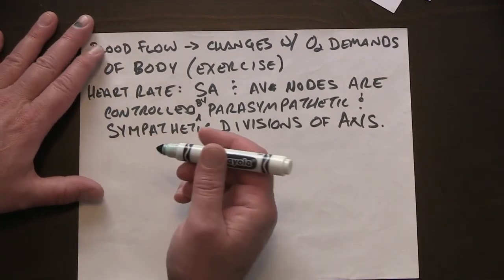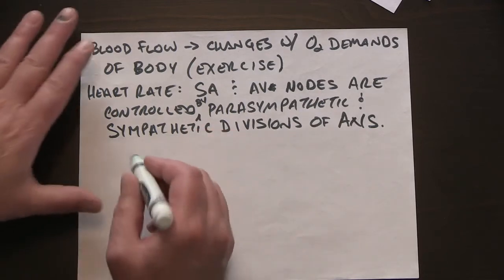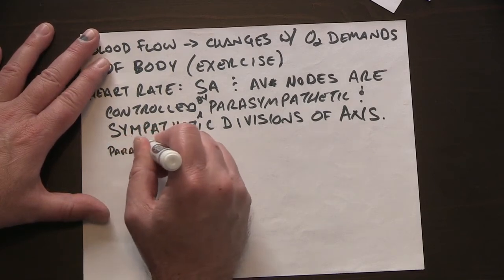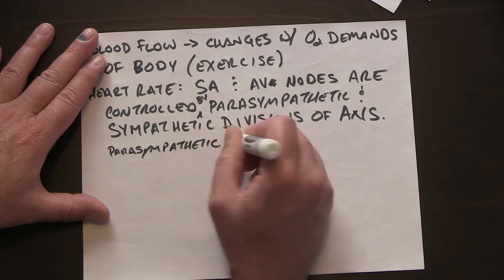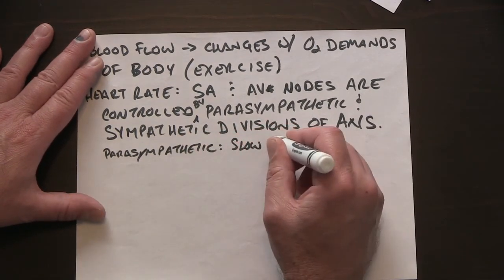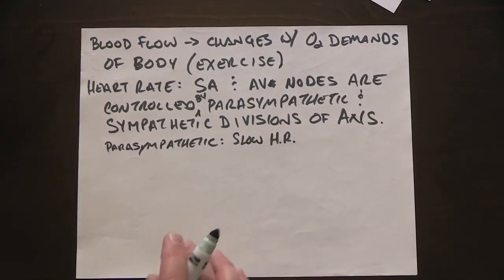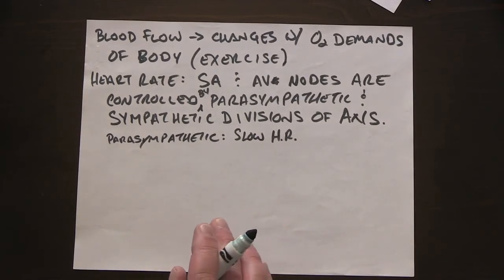So the parasympathetic stimulation will slow the heart rate down. HR, heart rate. Or if the parasympathetic stops, then the heart rate will just naturally increase on its own, right?